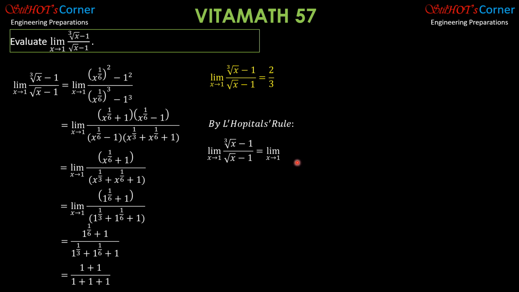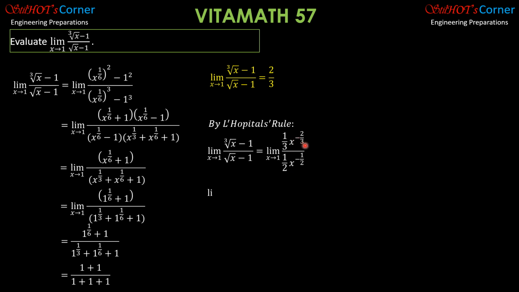So that would be the limit as x approaches 1 of 1/3 x to the negative 2/3 over the derivative of the denominator, which is 1/2 x to the negative 1/2. Both the numerator and the denominator no longer approach 0 as x approaches 1, so we are now safe to substitute the value of x. But before that, let's simplify.